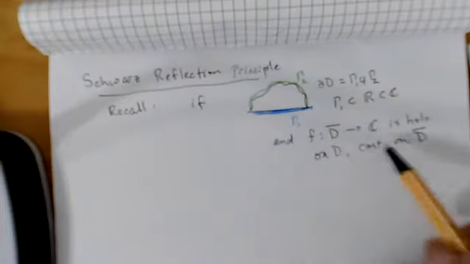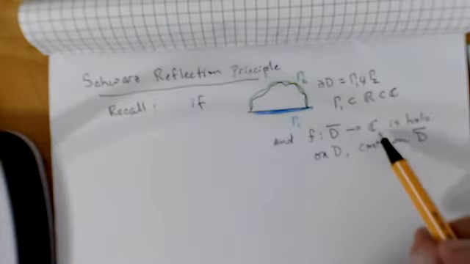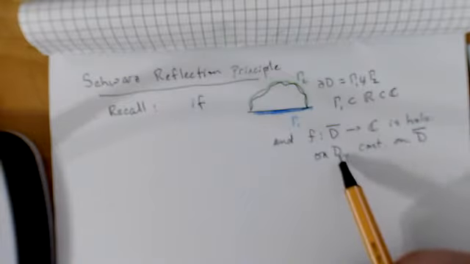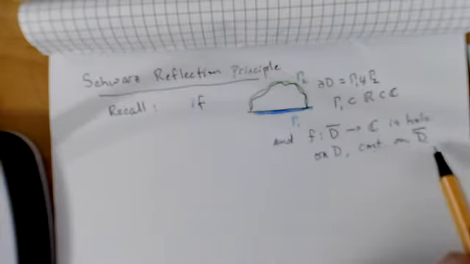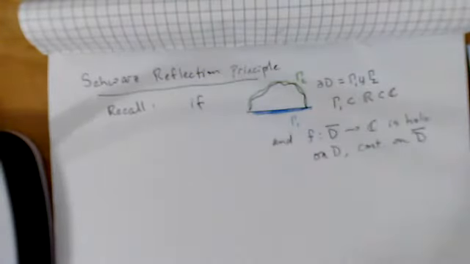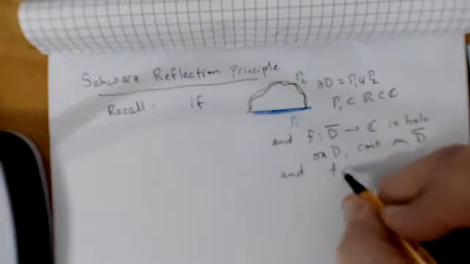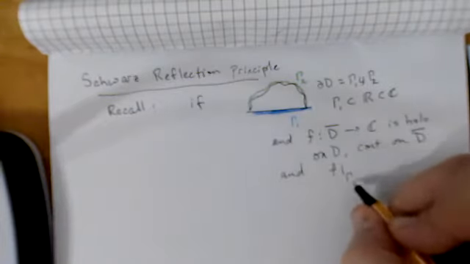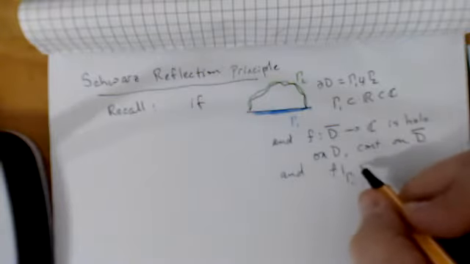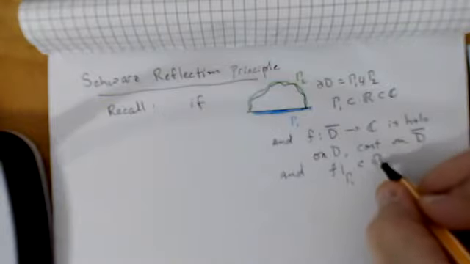So what are the hypotheses? I want F to be a function from the closure of this domain to the complex plane. I want it to be holomorphic on the interior. I want it to extend continuously, at least to this blue part of the boundary, but let's extend it continuously to the whole boundary. And the final thing I want is that F restricted to this blue part of the boundary is contained in the real axis.